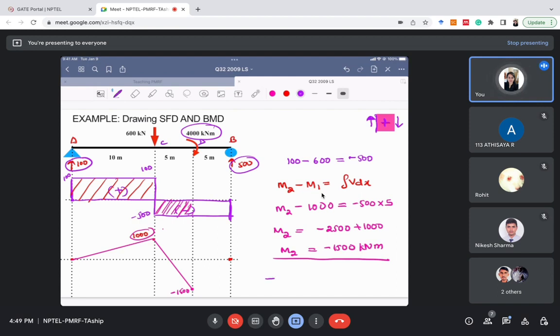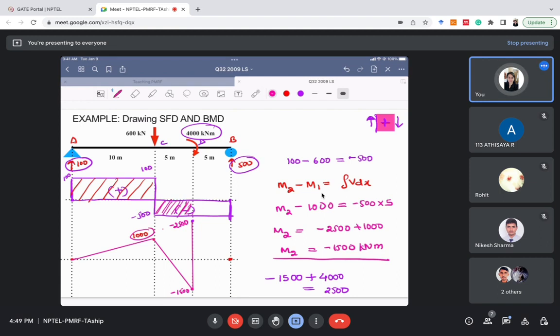So here we have a clockwise couple, so our bending moment will jump at point D by 4000 kilonewton meter. Earlier it was minus 1500 kilonewton meter. Now it will jump by 4000 kilonewton meter, and it will become 2500 kilonewton meter. So at section D, it will jump up till this point and become 2500 kilonewton meter. These are important points. That is why I've discussed it earlier.